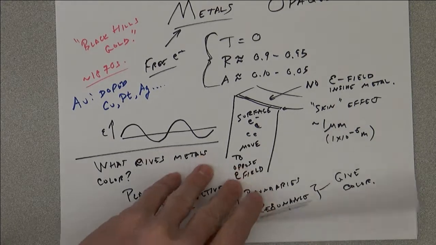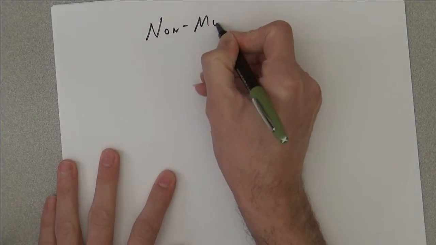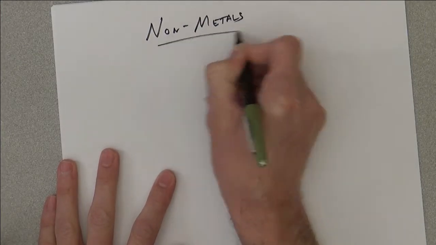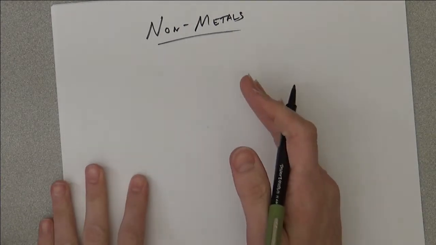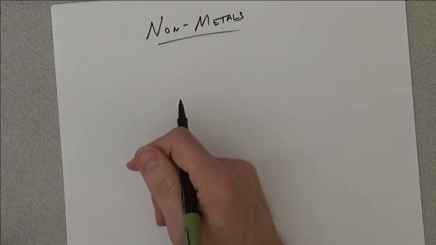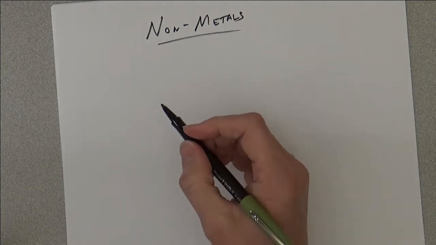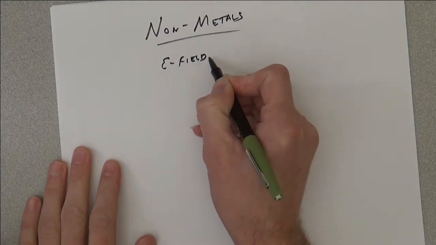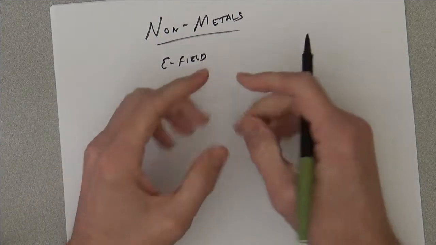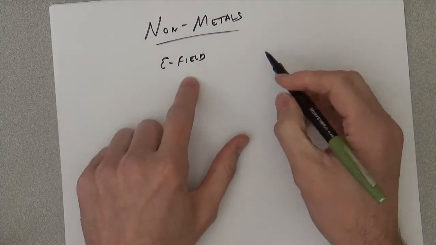Now moving to non-metals, which are a little more interesting. In the case of non-metals, the electric field will penetrate into the material, and the electric field interacts with the electrons that are around the atoms.